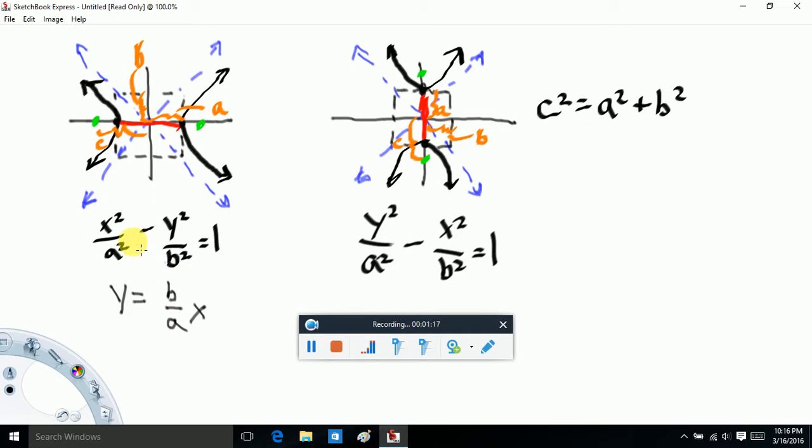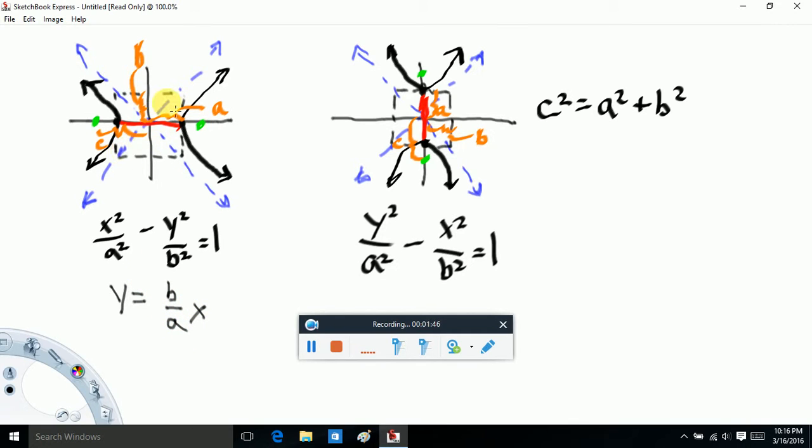How do we get this? If we look at the slope of the line containing the center point right here, which is the origin, and the point (a, b), we know the slope is rise over run. So we go up b units, that's the rise, and over a units, that's the run.